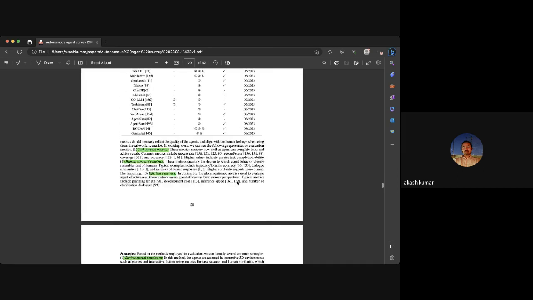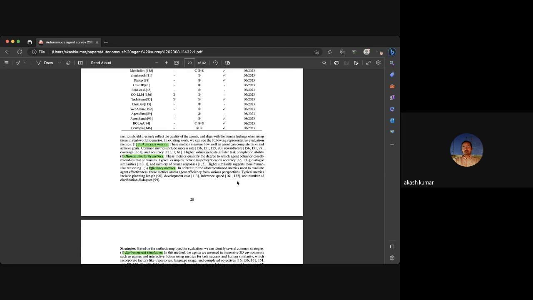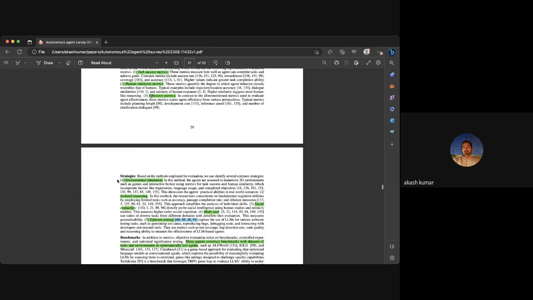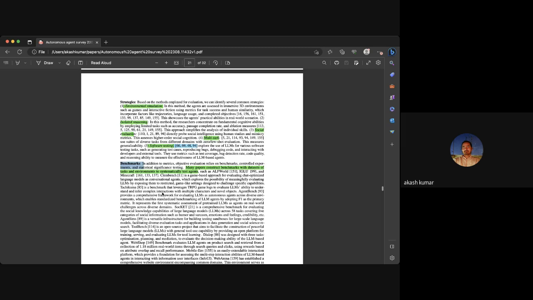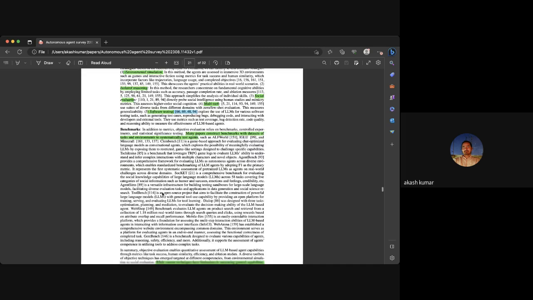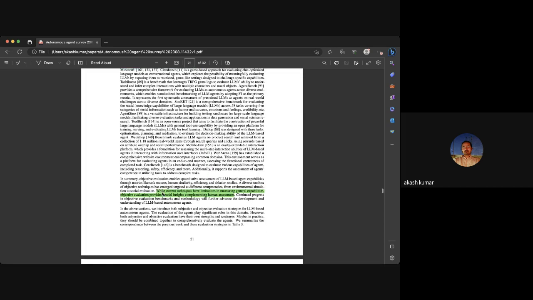In objective evaluation, you usually use a metric to evaluate the agent, and then you employ a strategy for what should be done so that the agent can act. And then there are different benchmarks which help us identify the capability of these agents in specific areas.